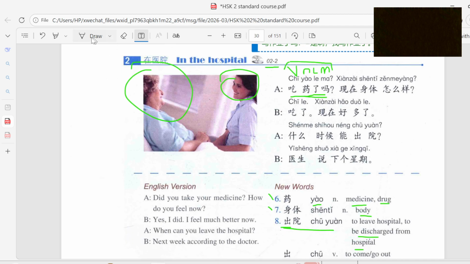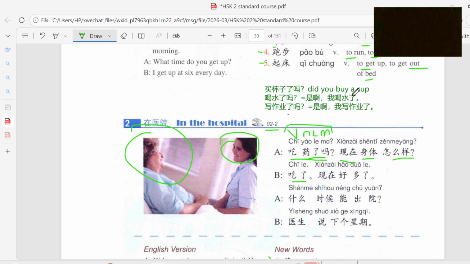Alright, so we continue. It says 吃药了吗？现在身体怎么样？How do you feel now? 吃了, see, 吃了. So you can also say 喝了, 写了, then plus la and your answer is complete.